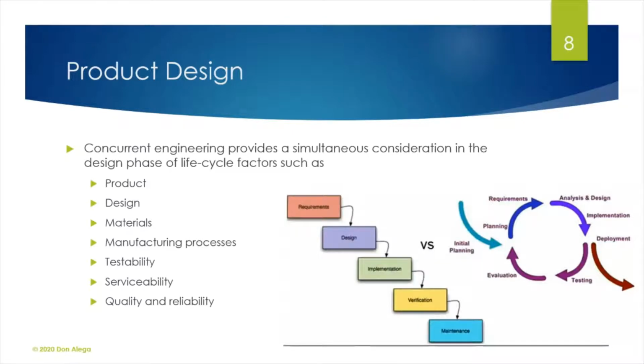Then in concurrent engineering, 'di ba, may mga considerations tayo in terms of the design phase of the life cycle. Number one, yung product itself, then syempre yung design ng product natin, yung materials to be used doon sa product, and manufacturing processes kung paano natin ipoproduce yung product, di ba? Then the testability, serviceability, quality, and reliability.